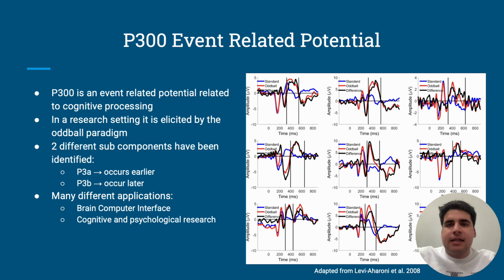So now let's get more specific and talk about P300 event related potential. As we discussed, P300 ERP is related to the cognitive processing and attention span of the subject.